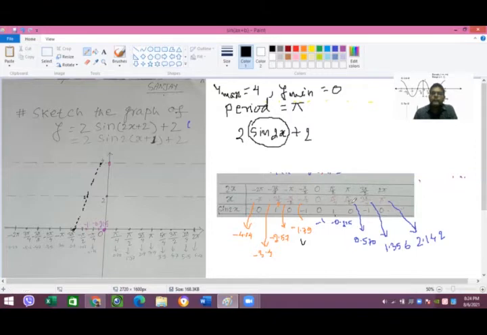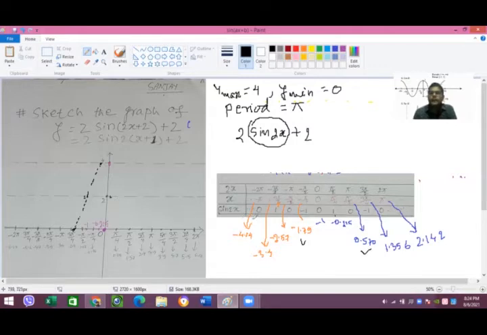So pi by 2 minus 1, you can see here, is 0.570. So 0.570 is somewhere here.